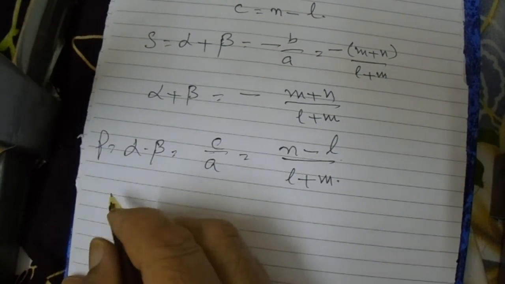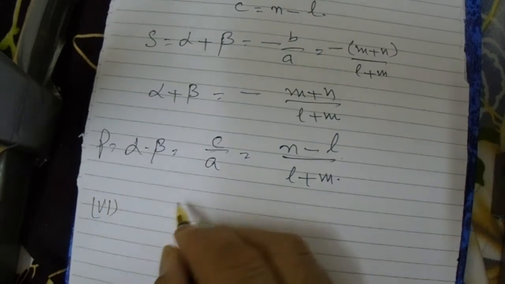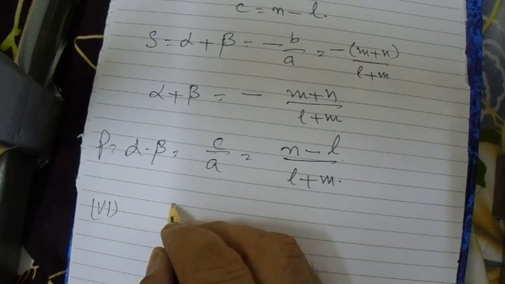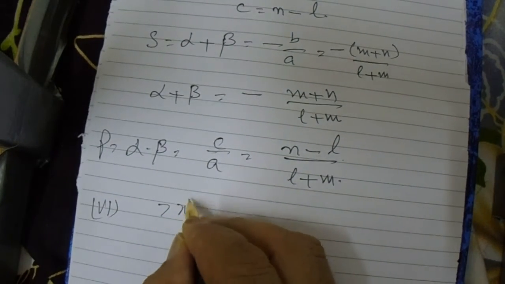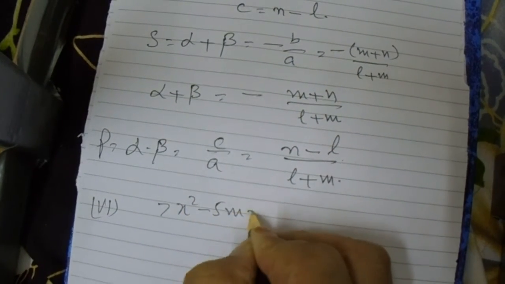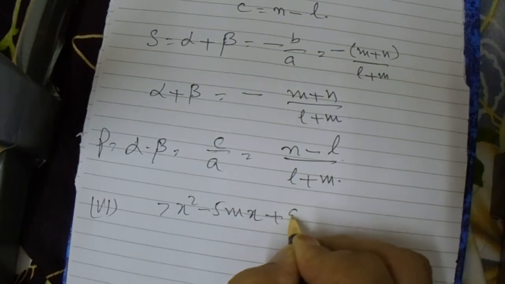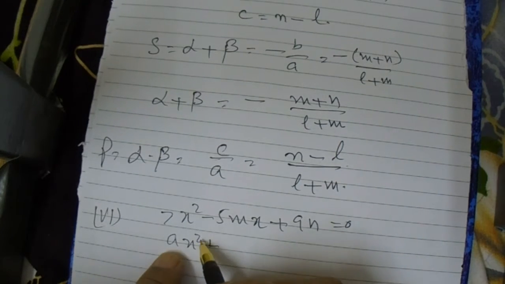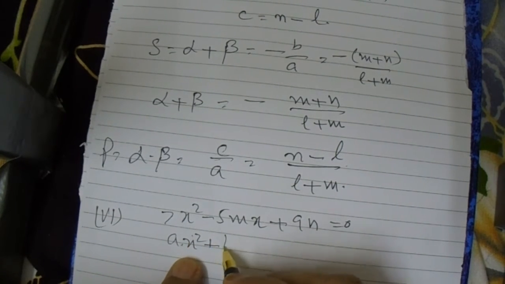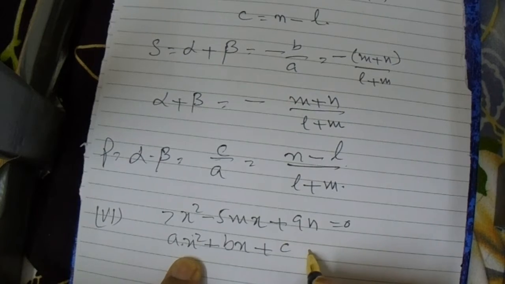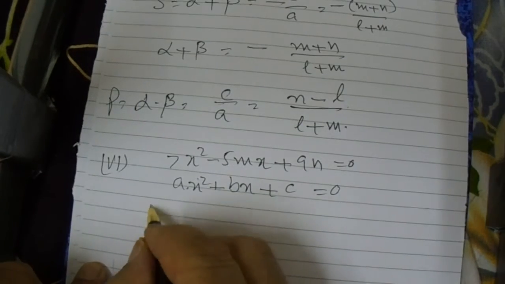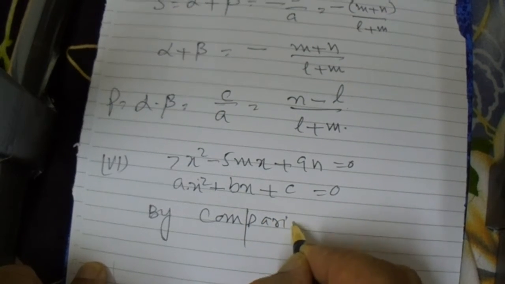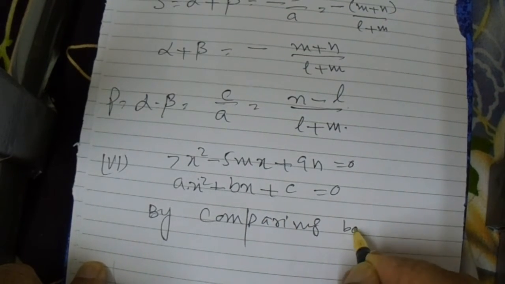Now I solve question number 6, part 6 of this question, and this is given here: 7x square minus 5mx plus 9n is equal to 0. Now write it again. I write ax square plus bx plus c is equal to 0 and compare both equations.